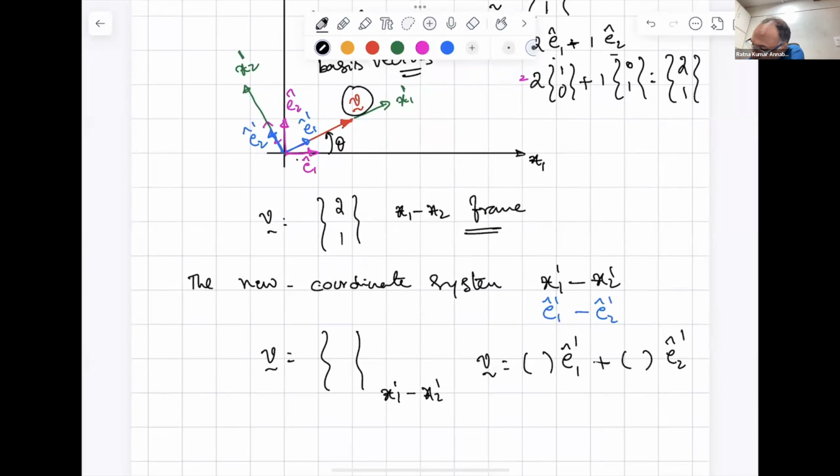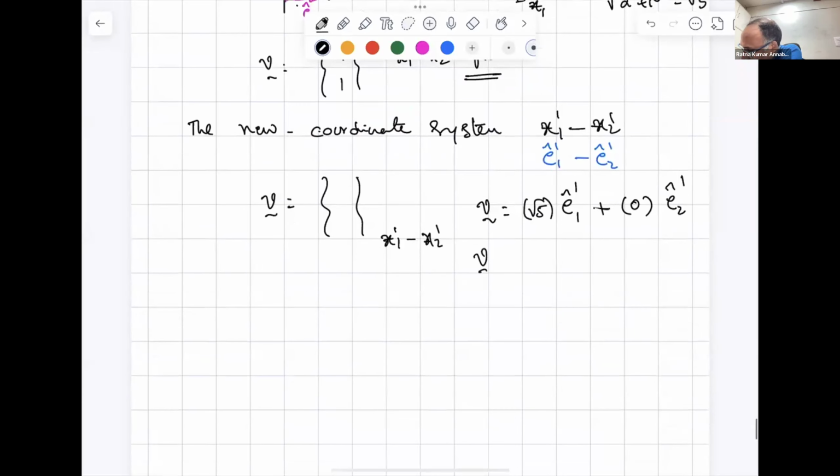If you look at this vector v, it is projected along E1 hat dash, so the projection of v along E2 hat dash is 0. Along E1 hat dash, we have the length of the vector. What is that length? Square root of 2 square plus 1 square, that is root 5. So now my v can be written as root 5 E1 hat dash plus 0 E2 hat dash, or in other words, root 5, 0. Do you agree?